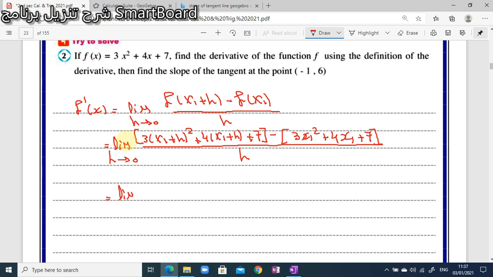So the limit as h approaches 0. For (x1 plus h) power 2, I will expand the power.